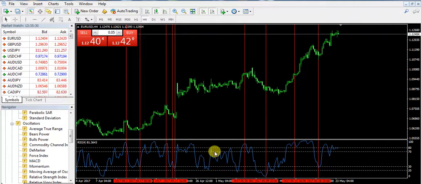When we look at peaks in the RSI and troughs in the RSI, when they form within the 30 to 70 area, within the neutral area, they don't carry a lot of strength. They don't really tell us anything.